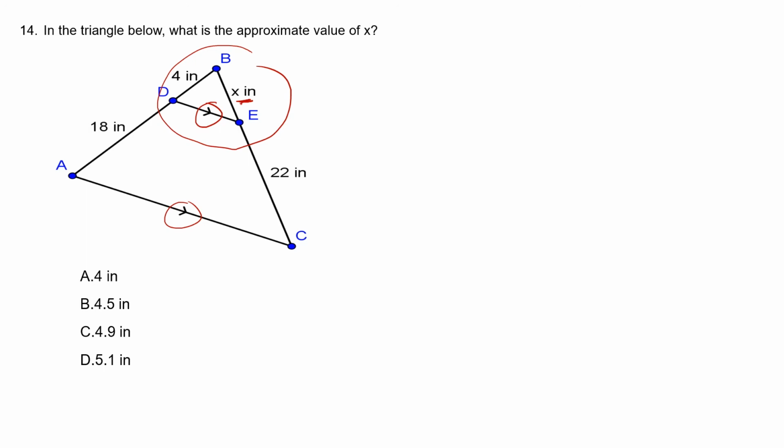And so I could say that BD over BA, so right here, is equal to, I should have put my equal sign in the middle there, right? Is equal to BE over BC.